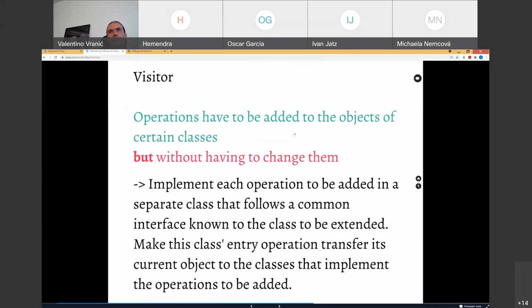So this is a guide to one way of applying or holding to the open-closed principle.